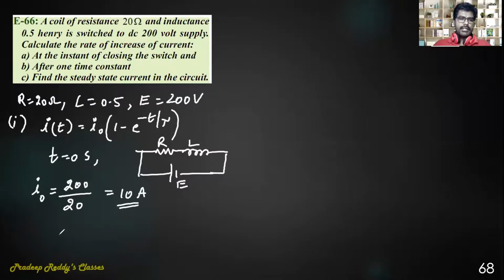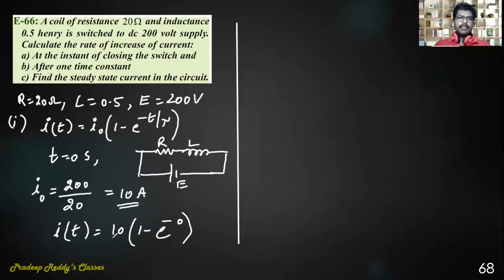So you can substitute that here. I of t is equal to 10 ampere into 1 minus e power minus 0. Right? I of t just after t is equal to 0 second, you can write as I of t is equal to 10 into 1 minus 1 by e. 1 by e is 0.37, it is 0.63 times that of 10.